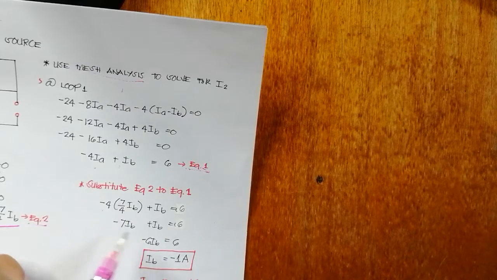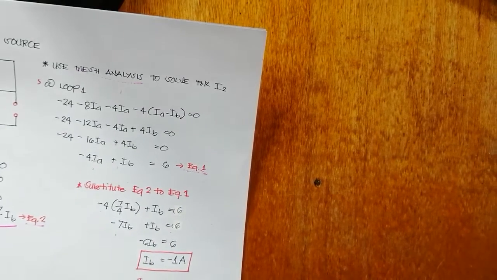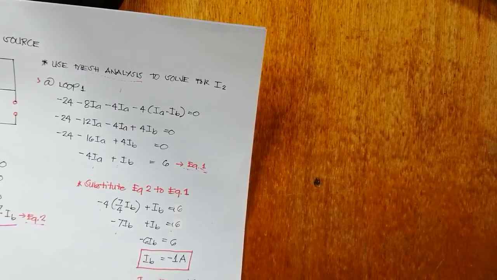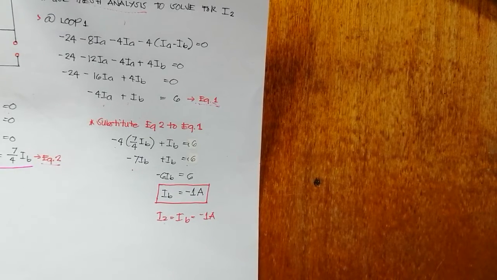Then simplify. It is negative 7IB plus IB is equal to 6. Then the value of IB is equal to negative 1 ampere. Then it is equal to I2. So the value of I2 is negative 1 ampere.